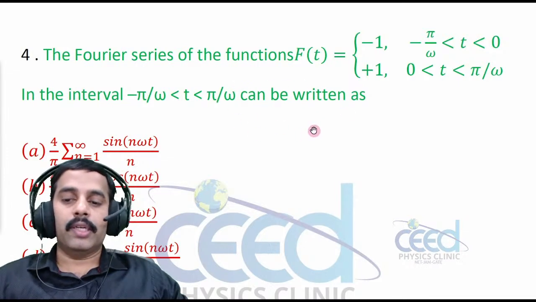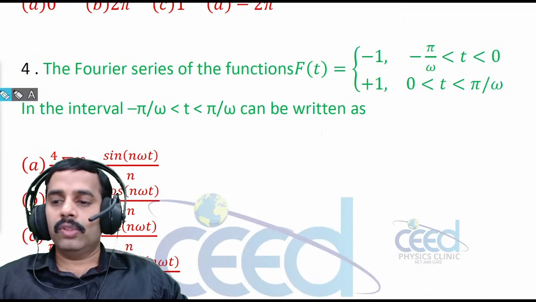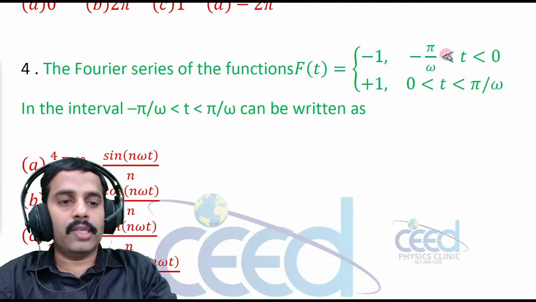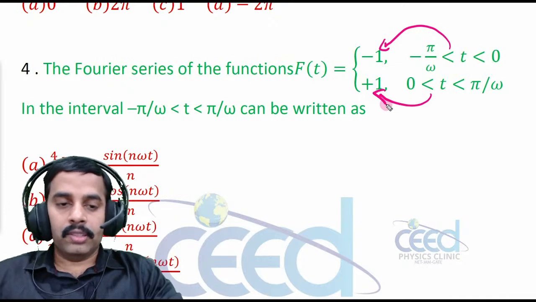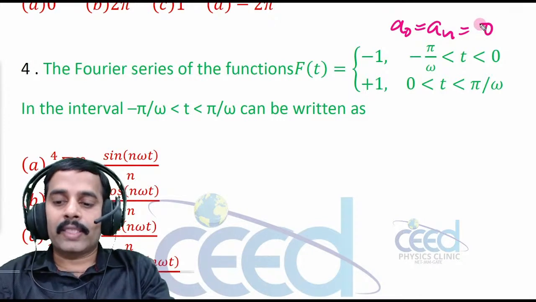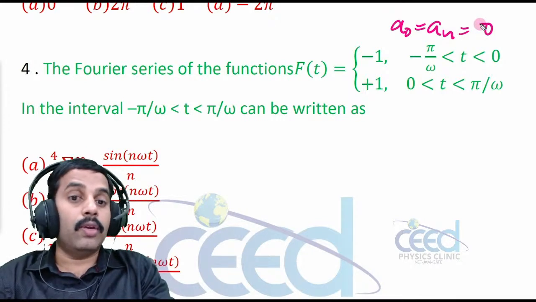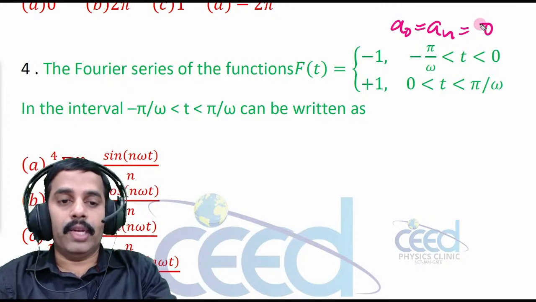So obviously we know this function has odd nature, right? In the negative interval it has negative value, in the positive interval it has positive value, right? So it is an odd function, so we can write a0, an, these values are 0. So to expand in Fourier series we need to calculate only this bn value, right?